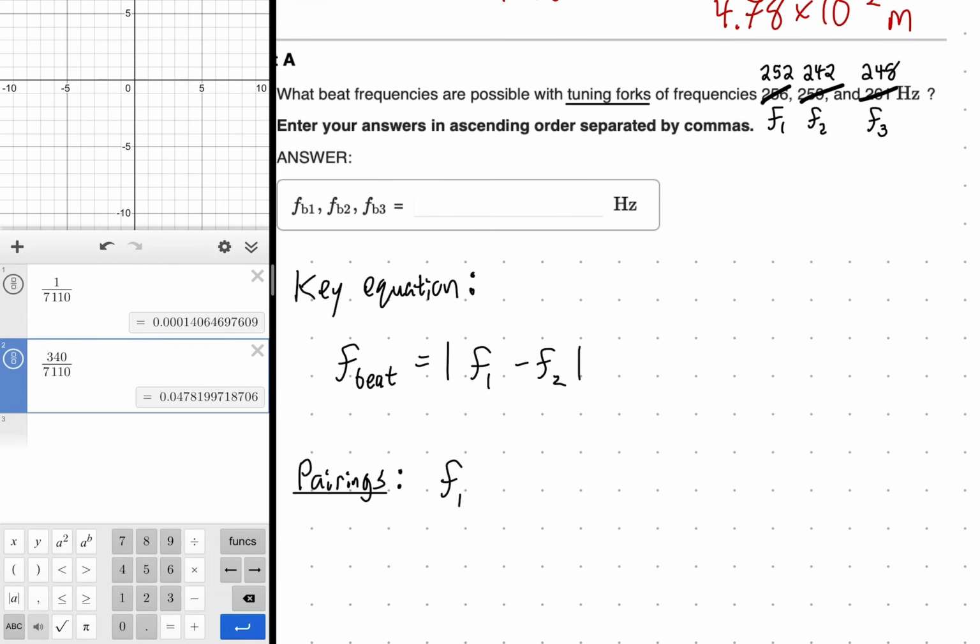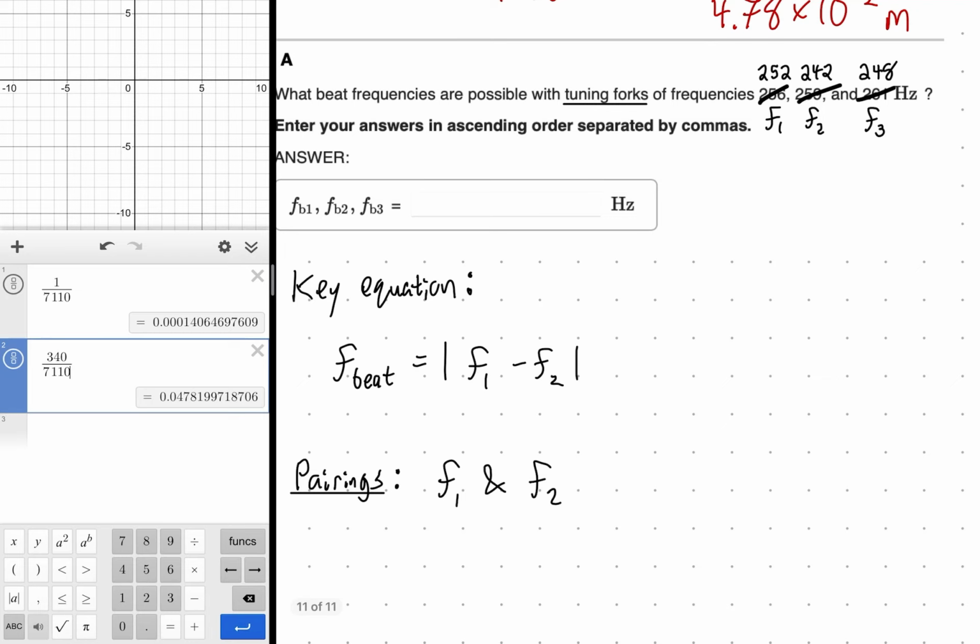All right, so then let's take a look. We're going to have F1 and F2, so there'd be a difference between them. And it could go either way, right? So the beat that could get created between them, it wouldn't matter which one was larger. If we combine the two different frequencies, there's just going to be the one value of beat.